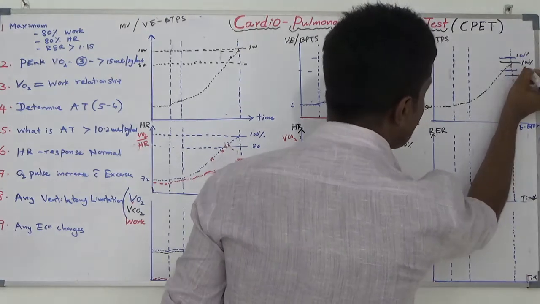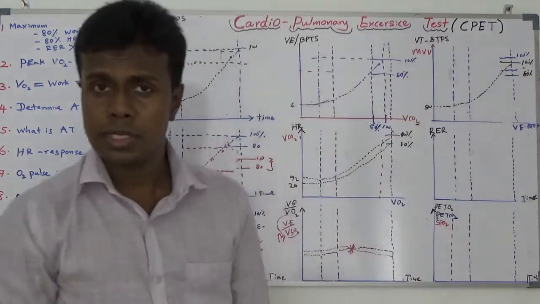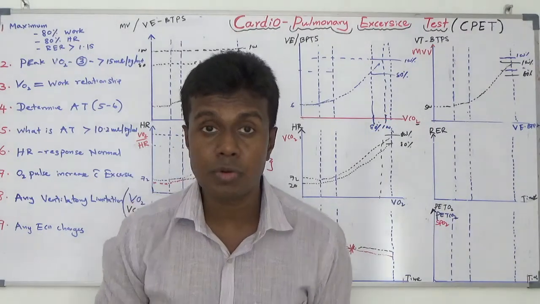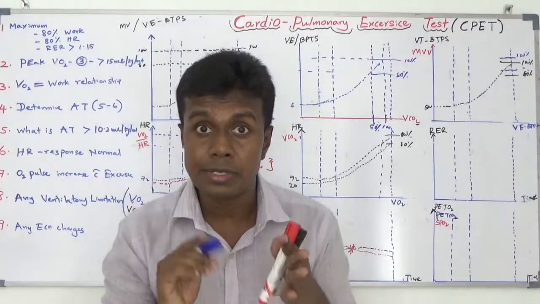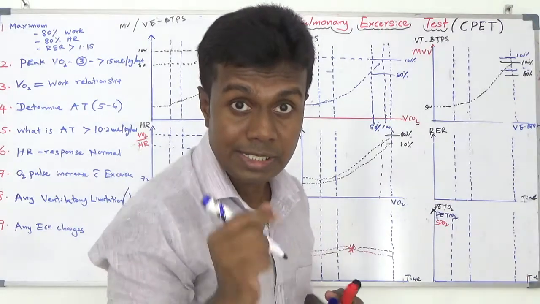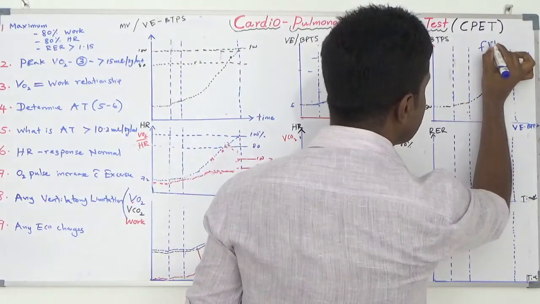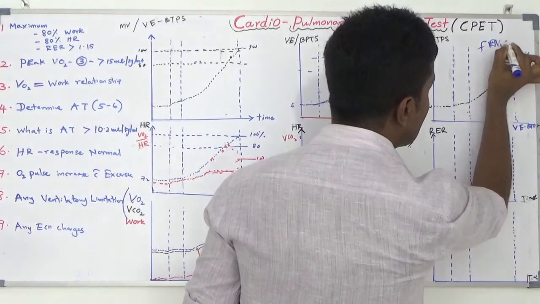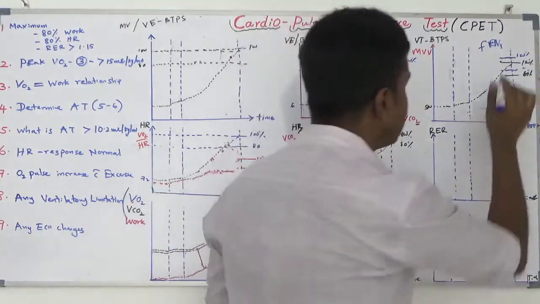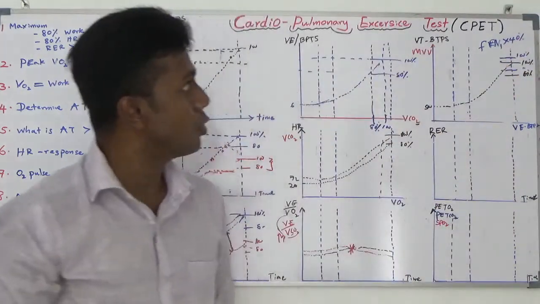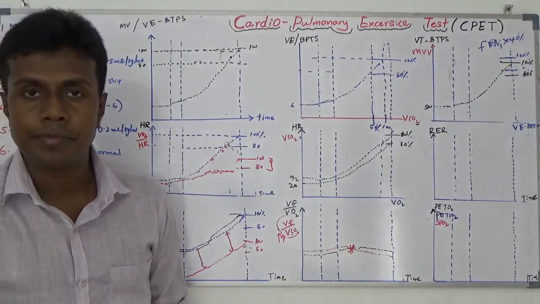Again, 80 to 100%. If you want to calculate maximum voluntary ventilation, it is more or less equal to forced expiratory volume in 1 second times 40.